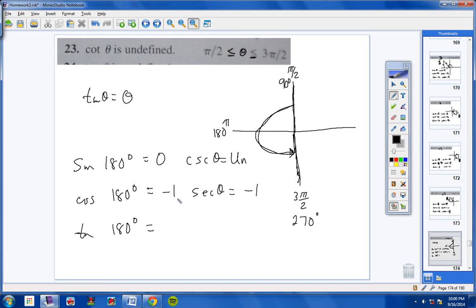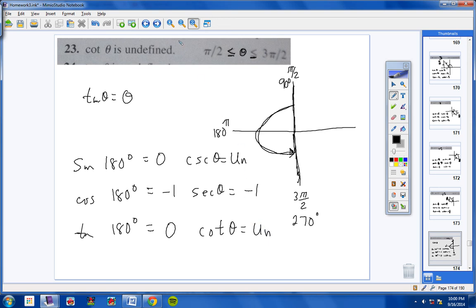If you flip -1, you get -1. The tangent of 180 should be 0. We've already tried that. We should get 0, and we do. And so the cotangent of theta, I'm not sure why I put theta, old age I guess, there we go, would be undefined. And there we go. We did it.